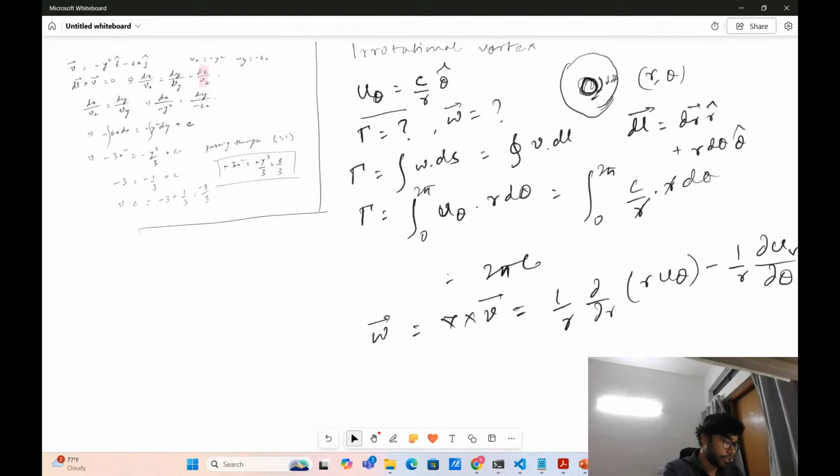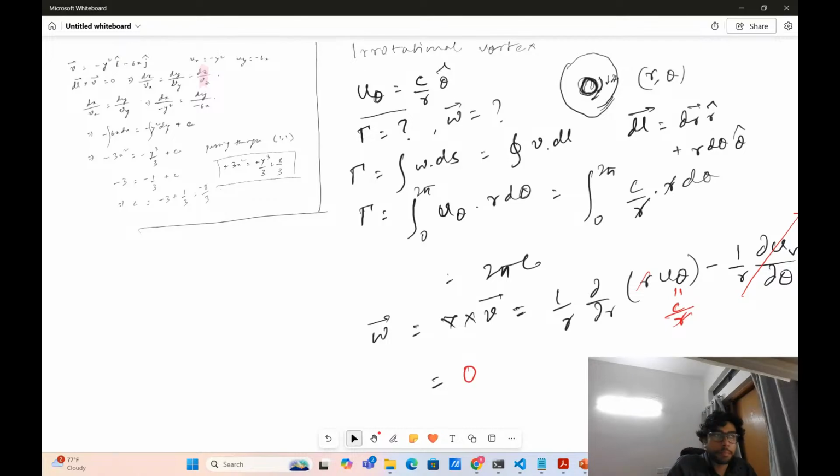So if you replace u theta with c by r, r will cancel, and u r is already 0, so no need to bother about that. You will get del by del r of some constant c, which will become 0.